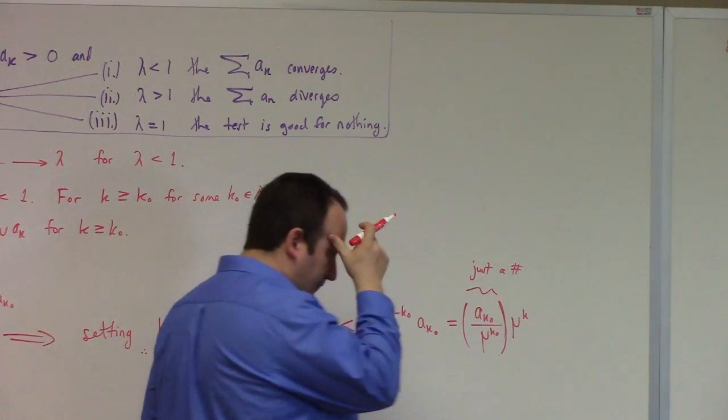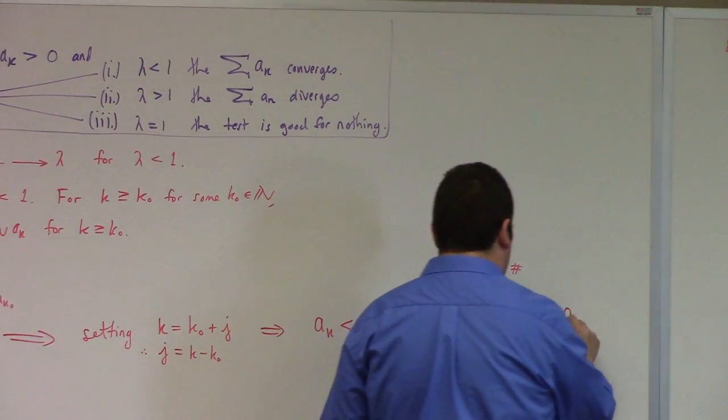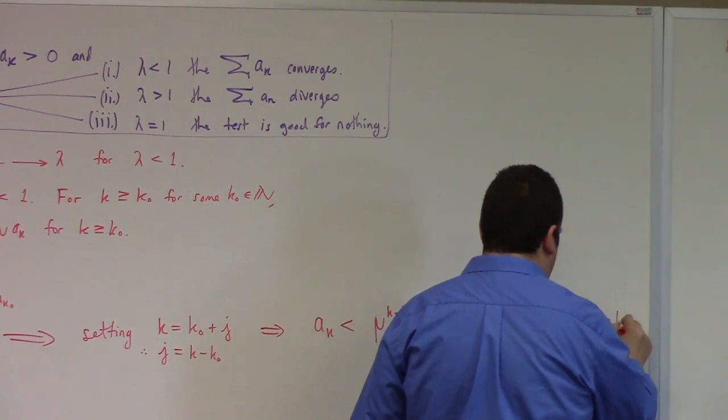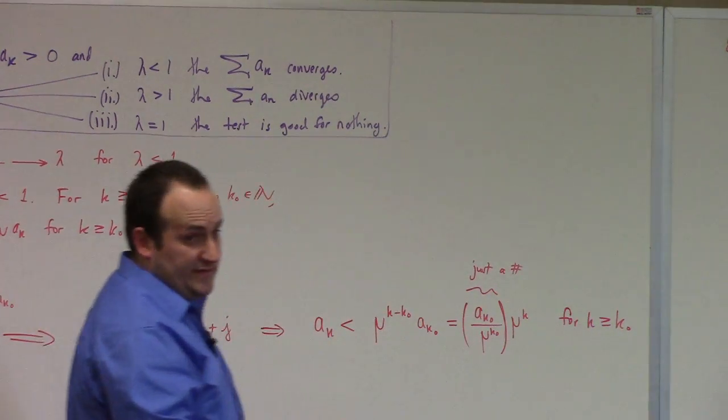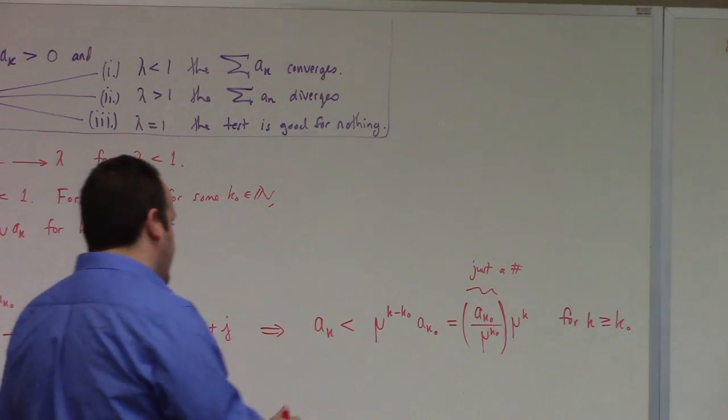There's no dependence on k in this number. And this inequality is true still for k greater than or equal to k naught, but that's all we need when we're thinking about the series. To apply the basic comparison test, all I need is an inequality to be true for k sufficiently large. If I have that, then I can apply the comparison test, and so there it is.